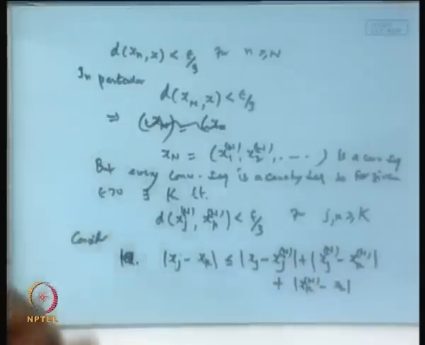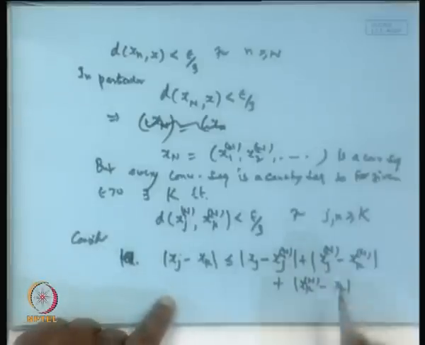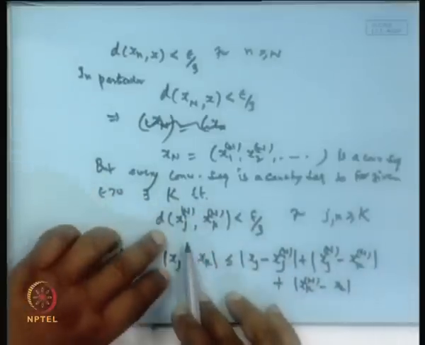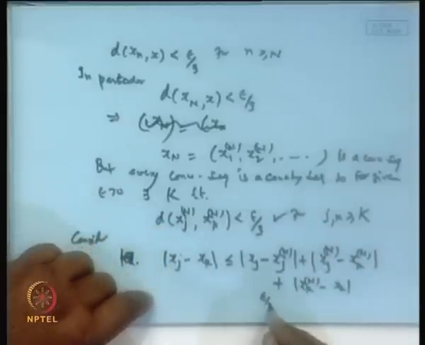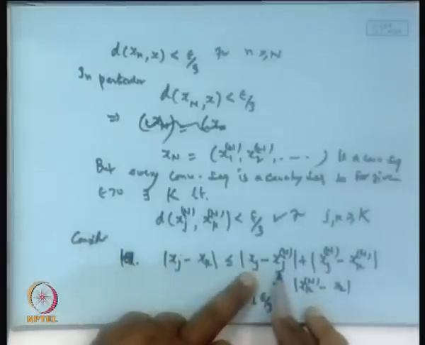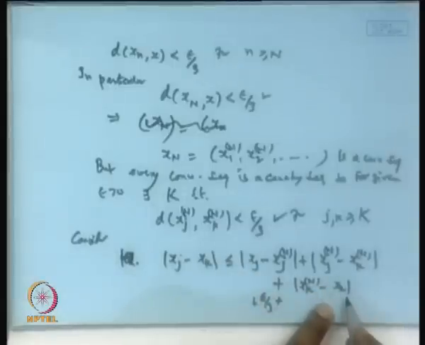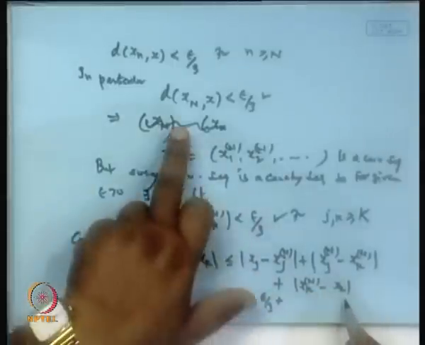Now, x^n is a Cauchy sequence, so the middle portion becomes less than epsilon by 3. The first portion becomes less than epsilon by 3 because of this, and the last portion also becomes less than epsilon by 3 because of this.